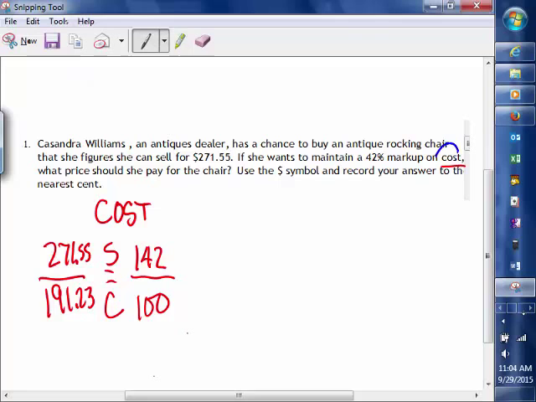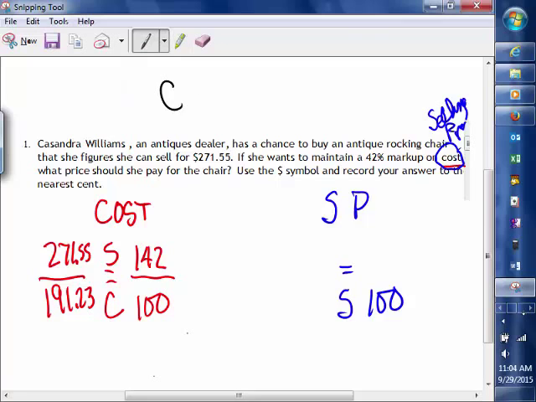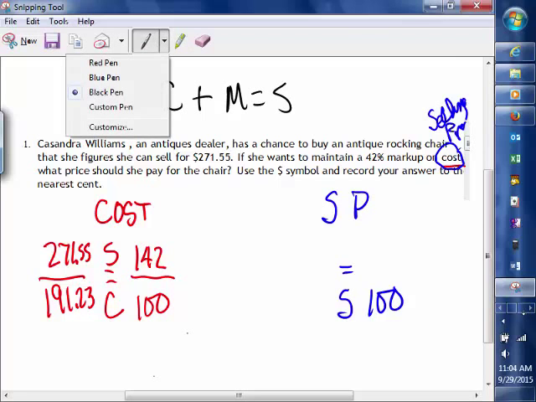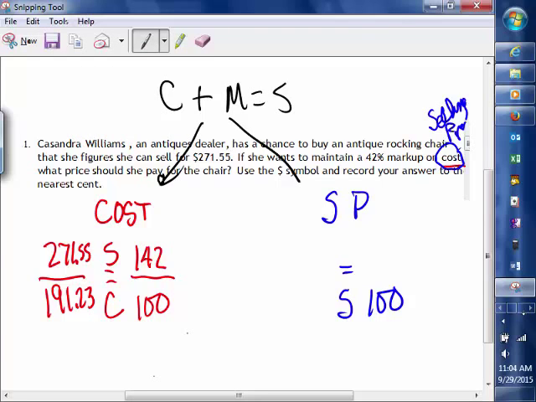Let's change it though. Let's say it's based on not cost but selling price. Okay? If it's based on selling price, then S is the bottom. Okay? Remember, cost plus markup is selling price. That always holds whether you're going this way or this way.